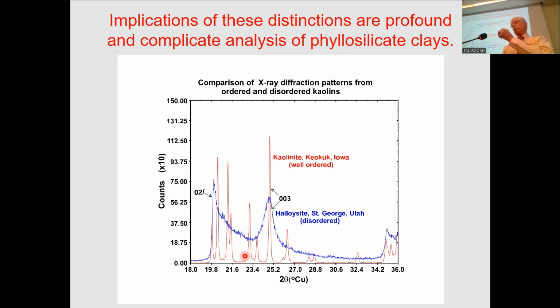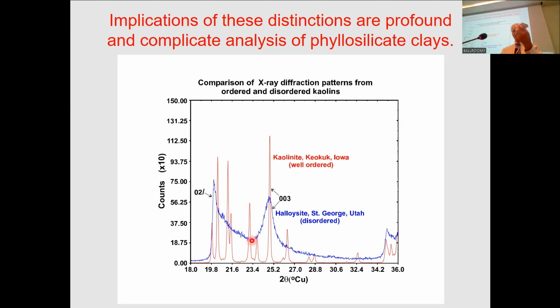That is three-dimensionally ordered. The blue one is a diffraction pattern of 7 angstrom halloysite, dehydrated halloysite, and that's an example of a completely disordered layer stacking sequence, a kaolinite type material. So that's an example of the disorder. So you see the tremendous variation from three-dimensional order.